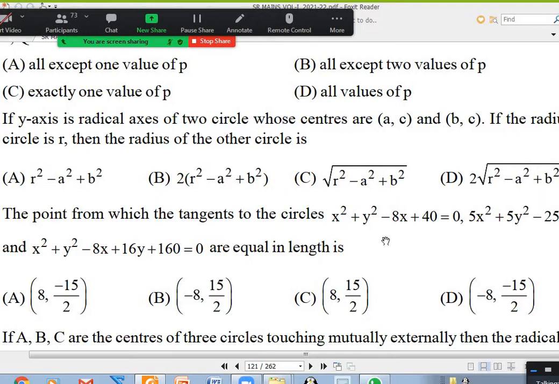If you are looking for a point from which lengths of tangent to 3 circles are equal, that is radical center. Yes, sir. So how will you find that? Subtract first 2 circles, making sure x square, y square coefficients are equal, you'll get radical axis of those 2. Subtract second and third, or first and third, you'll get another radical axis. Solve them, you will get the radical center, and the radical center is the answer.